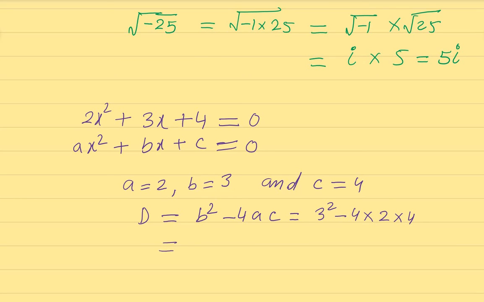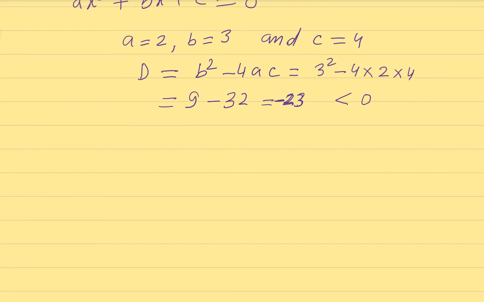So it will be 9 minus 4 times 2 is 8, 8 times 4 is 32, so it will be 9 minus 32, which equals minus 23, which is less than 0, a negative number.